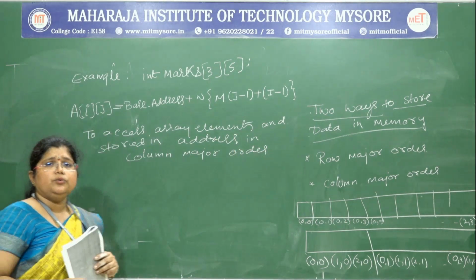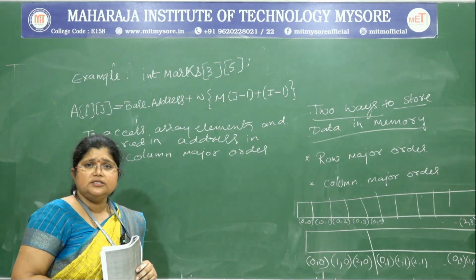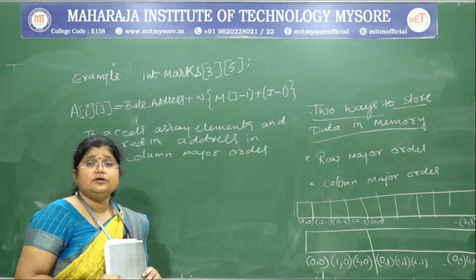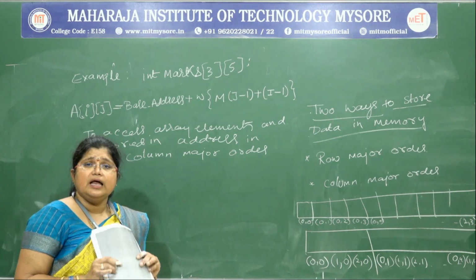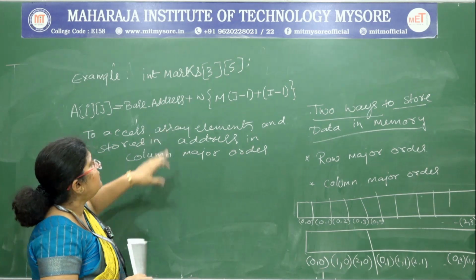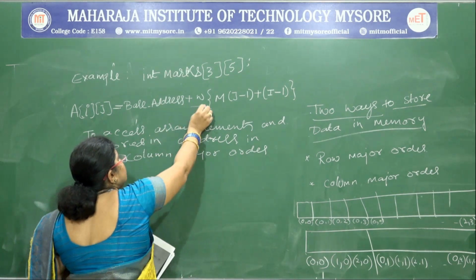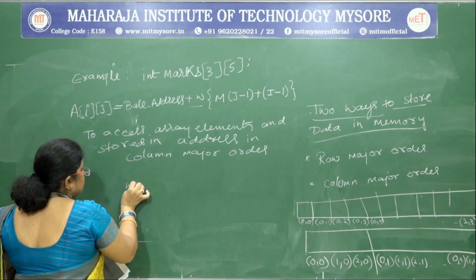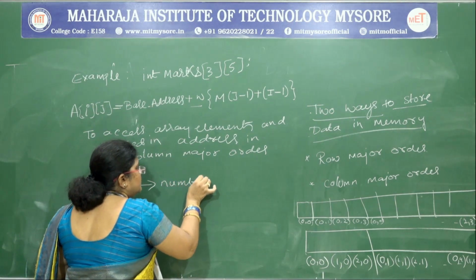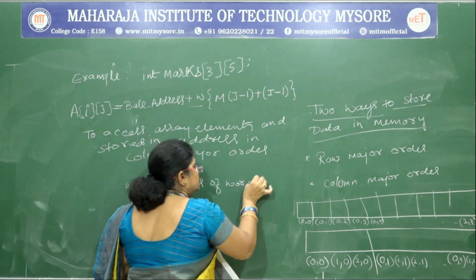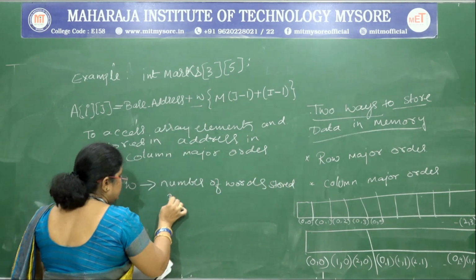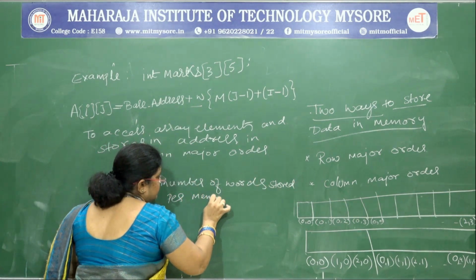Whenever you want to access the data elements, you can access them by using the subscripts, and also the address of a particular memory location can be calculated in a column major order by using this formula. In this formula, W is the number of words stored per memory location.